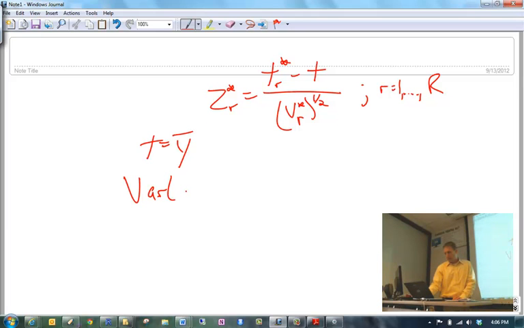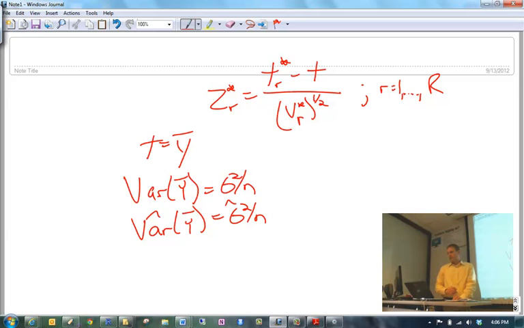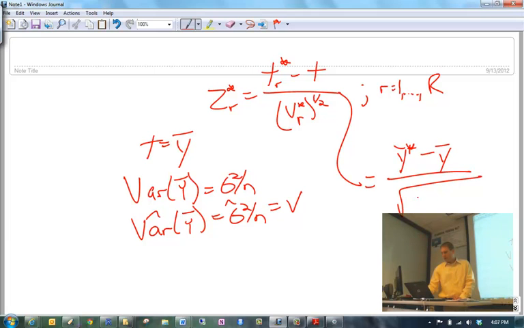Then the variance of Y bar is sigma squared divided by N, and the estimated variance of Y bar is sigma hat squared divided by N. So then, this would be V. Then the Z star here would be Y bar star minus Y bar all over the square root of sigma hat squared star divided by N.